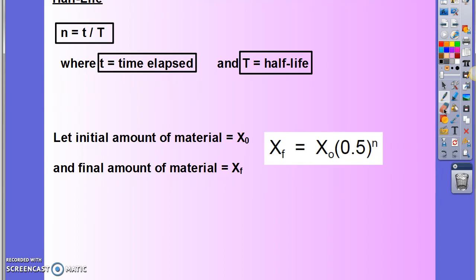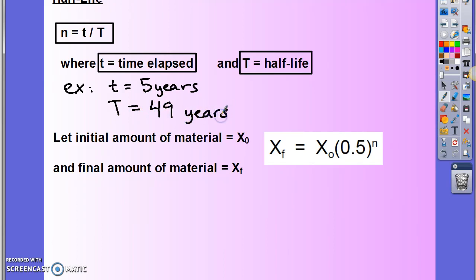So I just said, for example, my time elapsed is 5 years because I waited around for 5 years to measure the amount of remaining sample. And for my material, let's say that its half-life, big T, is 49 years.